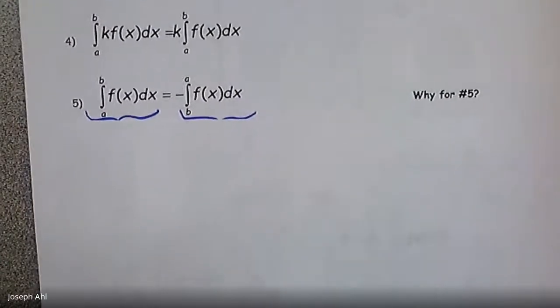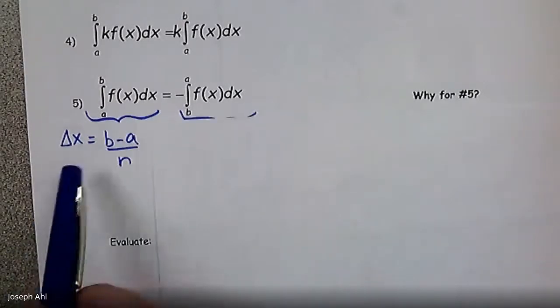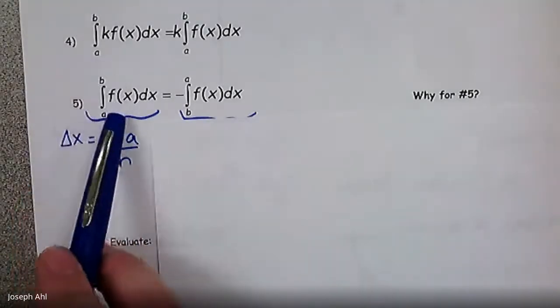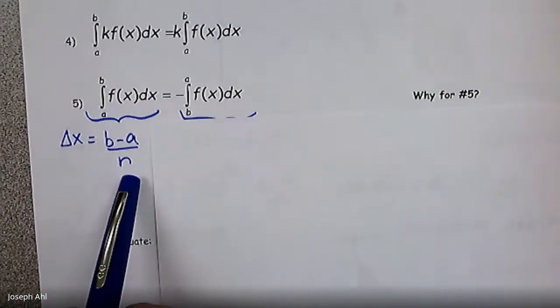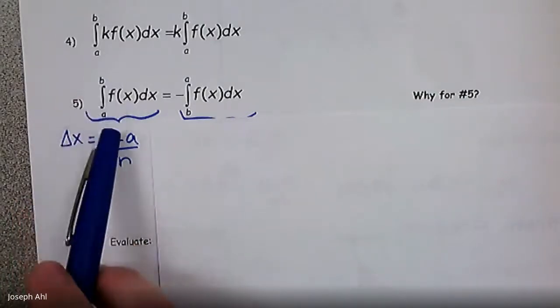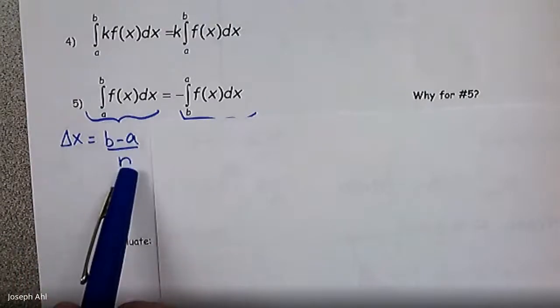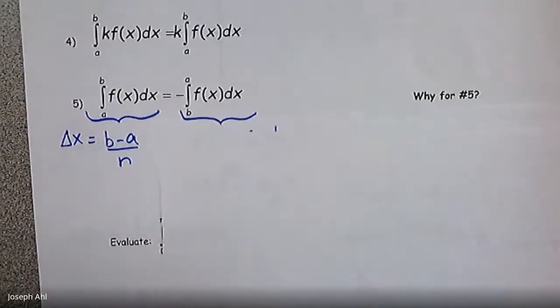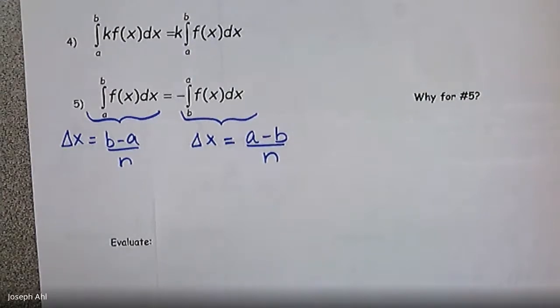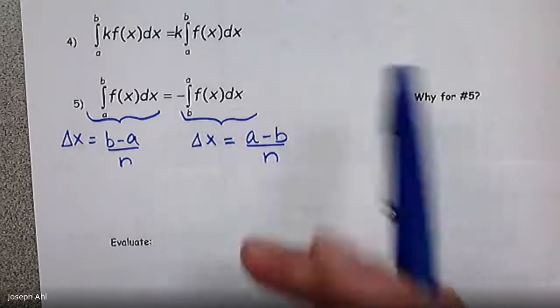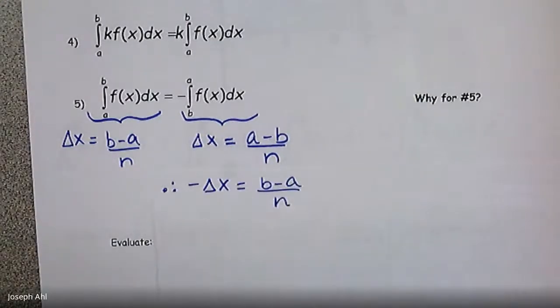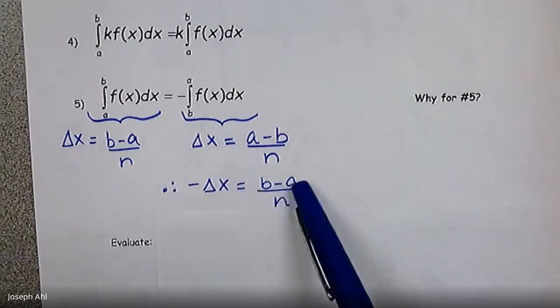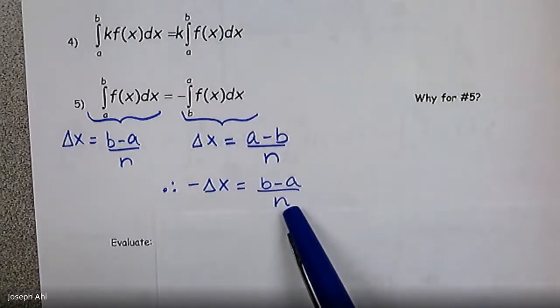Well, it happens because if you think about what delta x is over here, delta x would equal the difference b minus a over n. You would take the difference in those bounds and divide by the number of subintervals, which in general is n. Whereas over here, delta x is a minus b over n. So to get those to match, if you negate the delta x, that's going to give you b minus a over n.